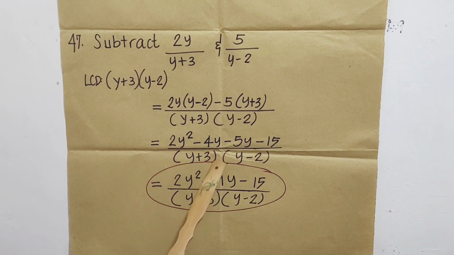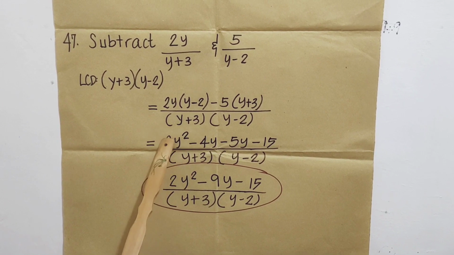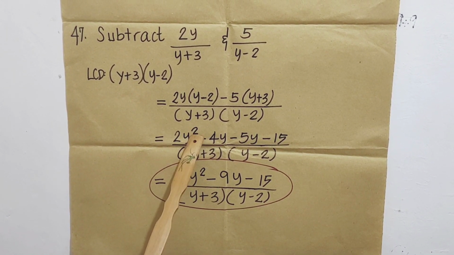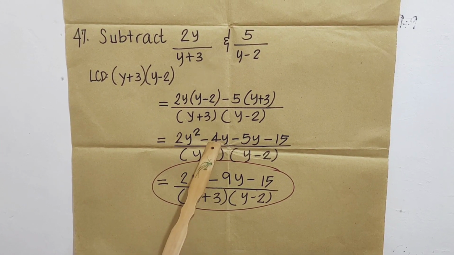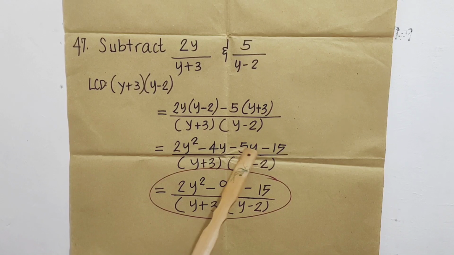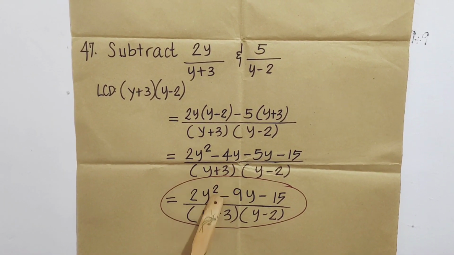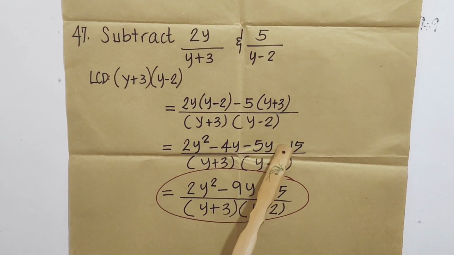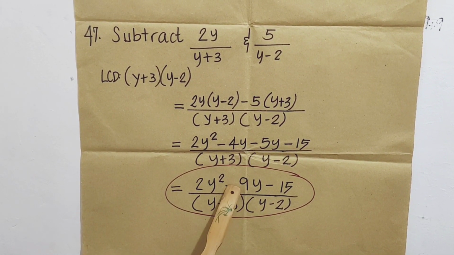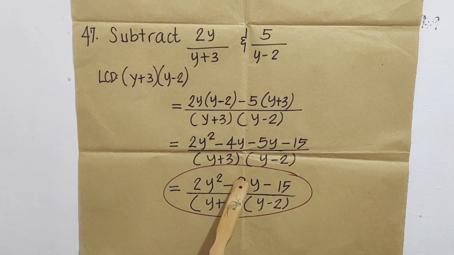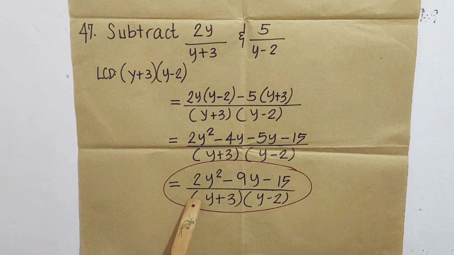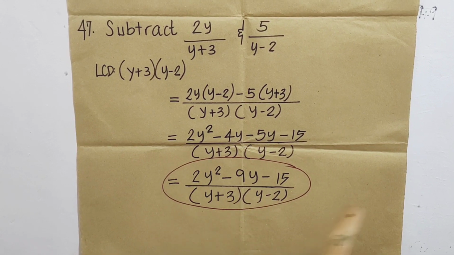Next, we simplify the numerator by combining like terms. So 2y squared, just copy. We have negative 4y and negative 5y. We combine these because they are like terms. We have negative 9y, and copy negative 15. Since we cannot factor 2y squared minus 9y minus 15, this will now be our final answer. Just copy the denominator.